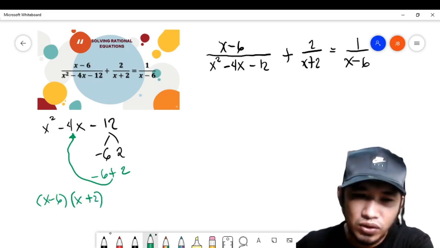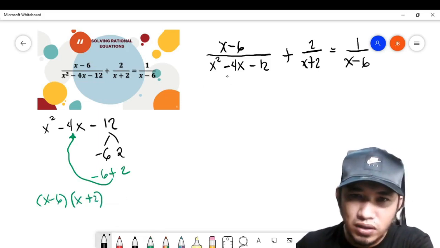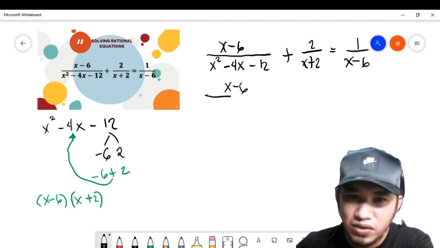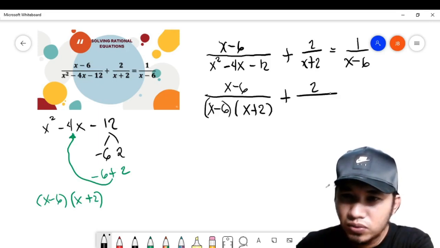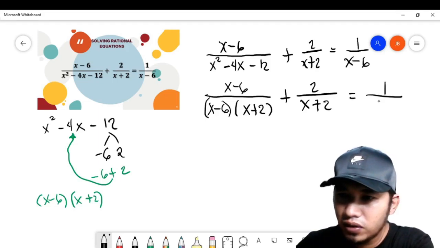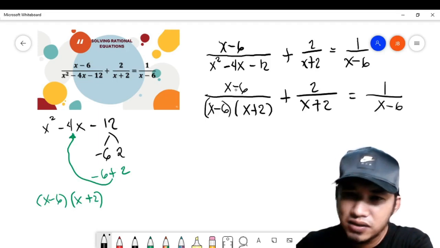So yun, let's change our denominator in the factored form, that is x minus 6 all over x minus 6 multiplied to x plus 2 plus 2 all over x plus 2 is equal to 1 all over x minus 6.